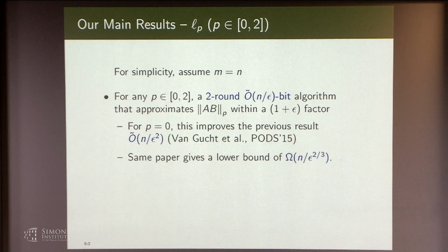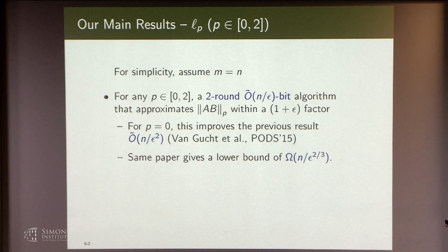For p equal to 0, this improves the previous result. We had a paper a bit earlier with Dirk, Ryan, and David, where we got the upper bound n over epsilon squared. This is a very simple, almost trivial algorithm, using sketching on each column of C. We improve this by a factor of epsilon.